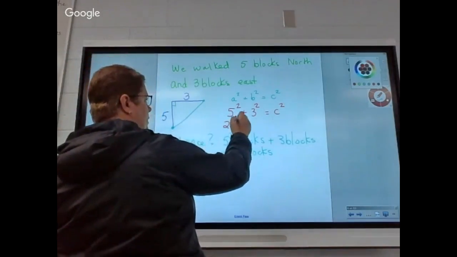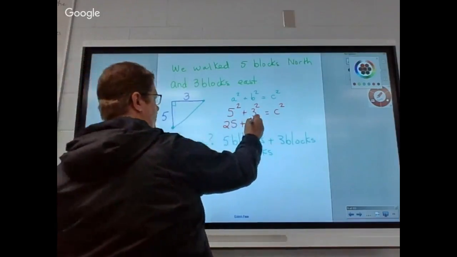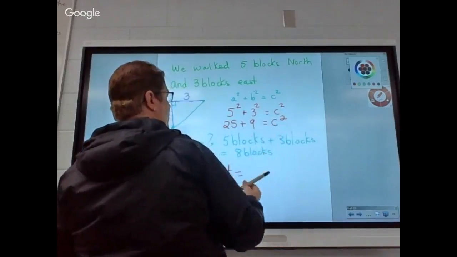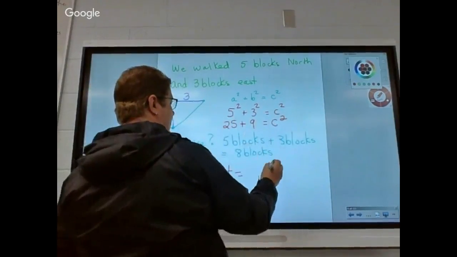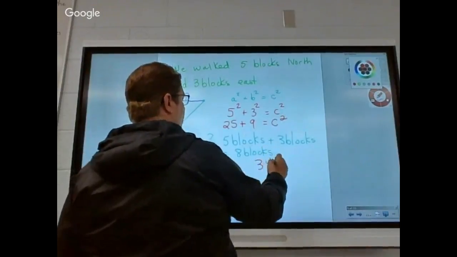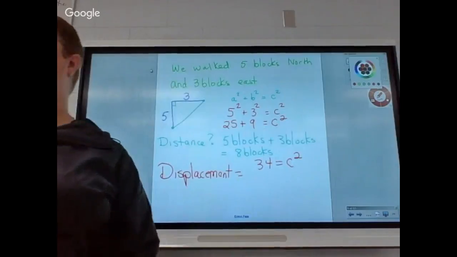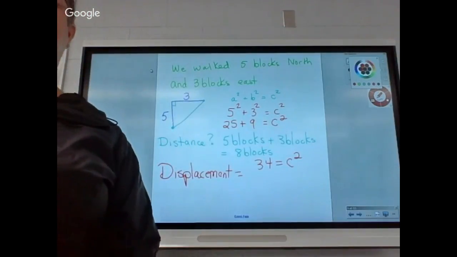25 plus, if you don't know, 9 equals C squared. Okay? Everybody good with that? 25 plus 9 is? 34. 34 equals C squared. Now, how do we get the C squared to just be a C?